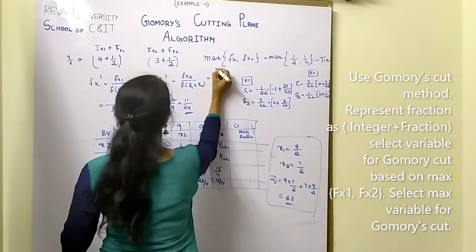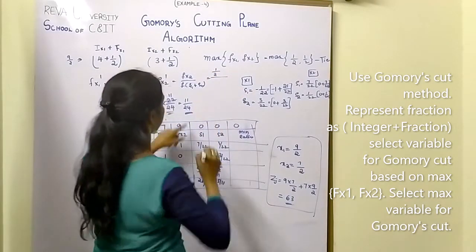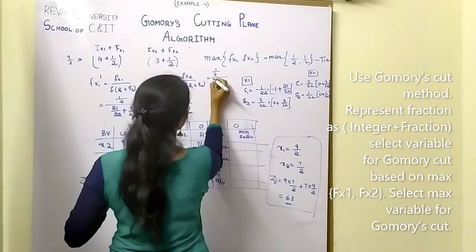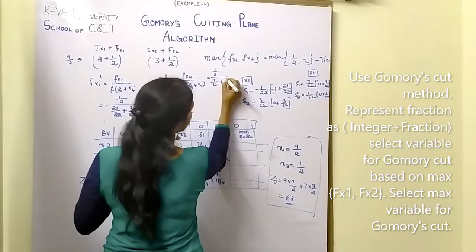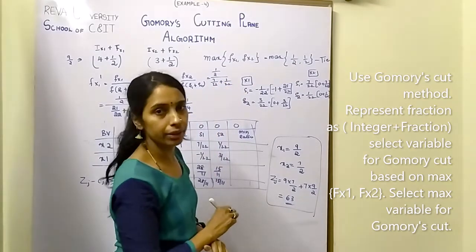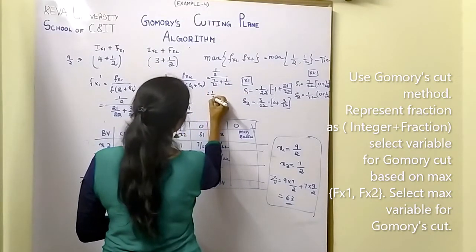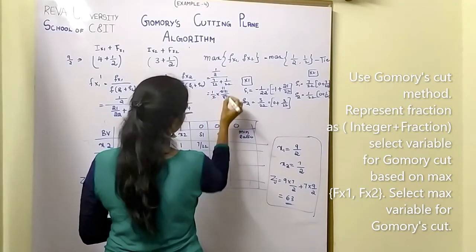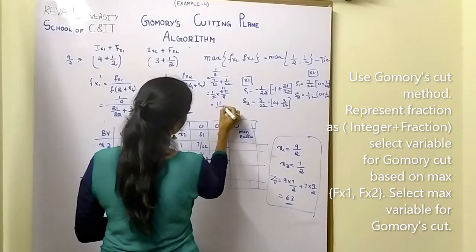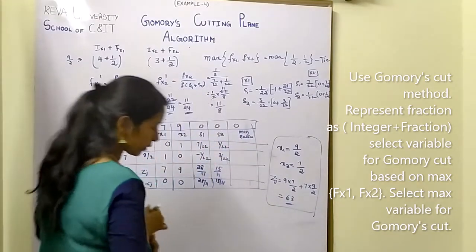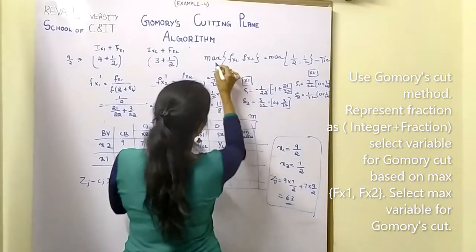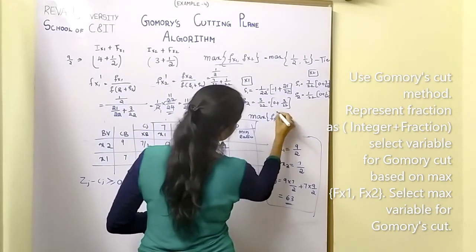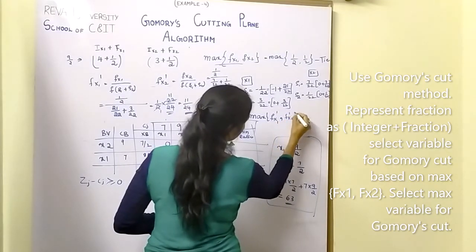This is equal to 1 by 2 divided by the fractional part for x2, s1 7 divided by 22 plus 1 divided by 22. So this becomes 1 by 2 into 22 divided by 8. This gives you 11 divided by 8. Now again the same formula, maximum of f of x1 dash comma f of x2 dash.